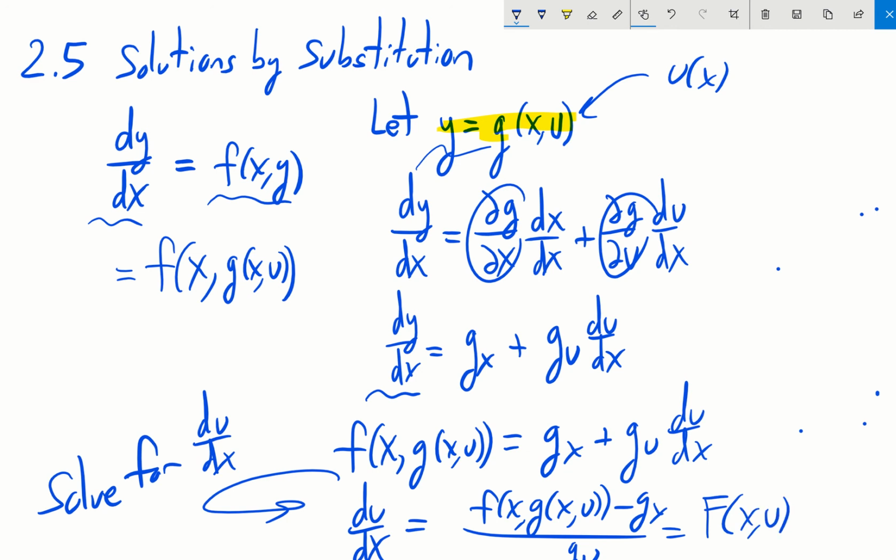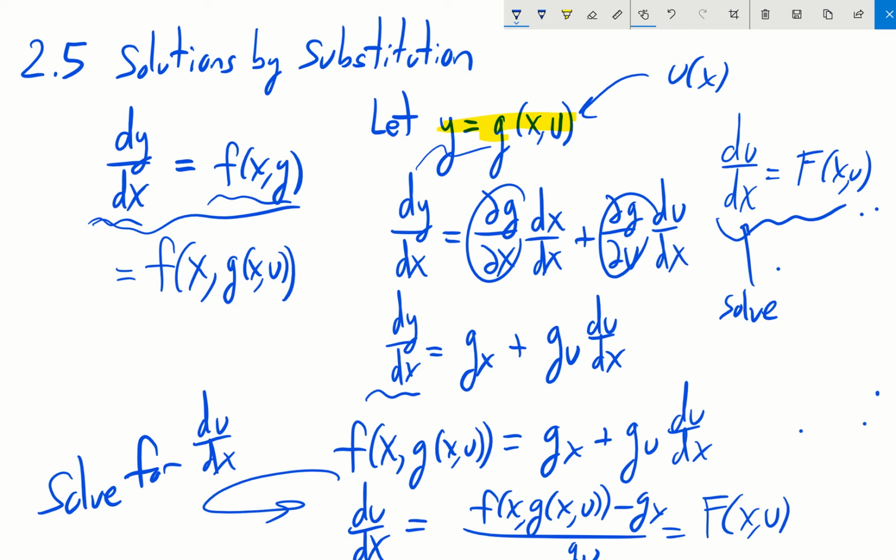So here's what we have. We have du dx is some function of x and u, and the idea is that maybe this differential equation is something that we can actually solve, and is one of our known types, whereas this original differential equation perhaps was not.